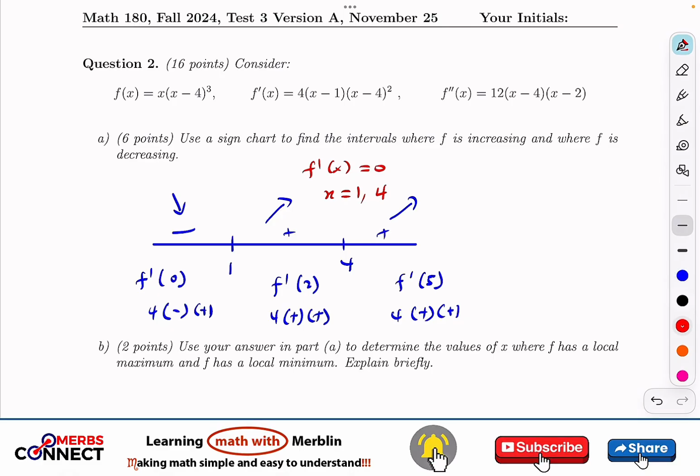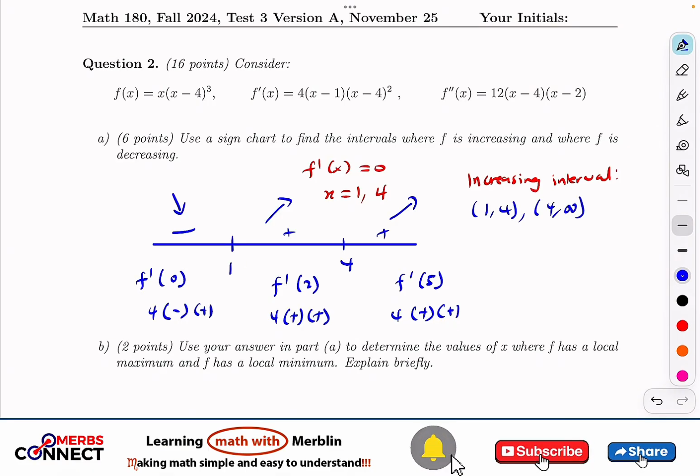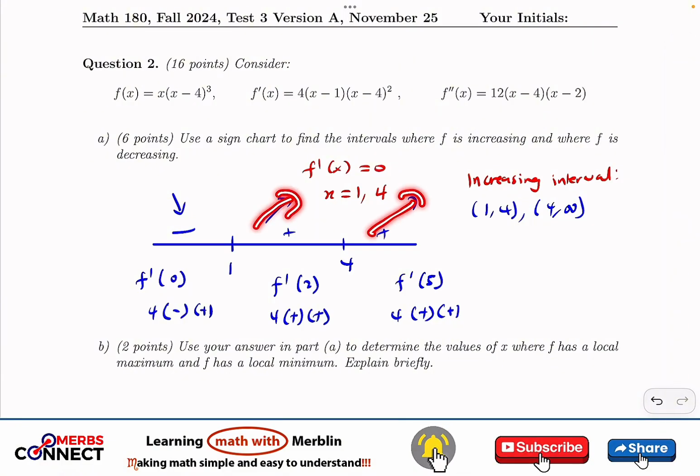So since we need the increasing interval, the increasing interval is going to be from 1 to 4 and from 4 to positive infinity, because this is where we have the function increasing. You cannot add them together.